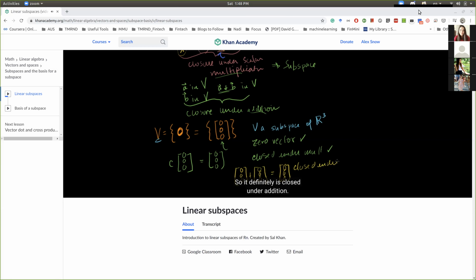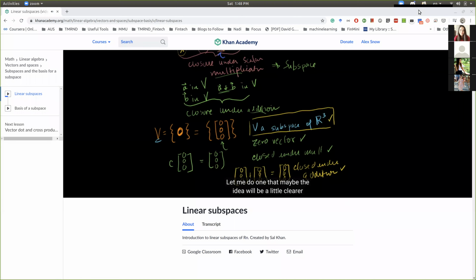So it does turn out that this trivially basic subset of R3 that just contains the zero vector is a subspace. Maybe a trivially simple subspace, but it satisfies our constraints of a subspace. You can't do anything with the vectors in it that'll somehow get you out of that subspace, at least if you're dealing with scalar multiplication or addition.